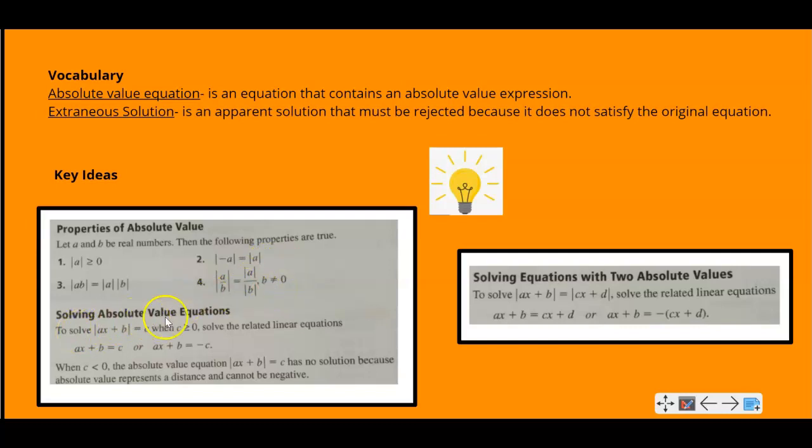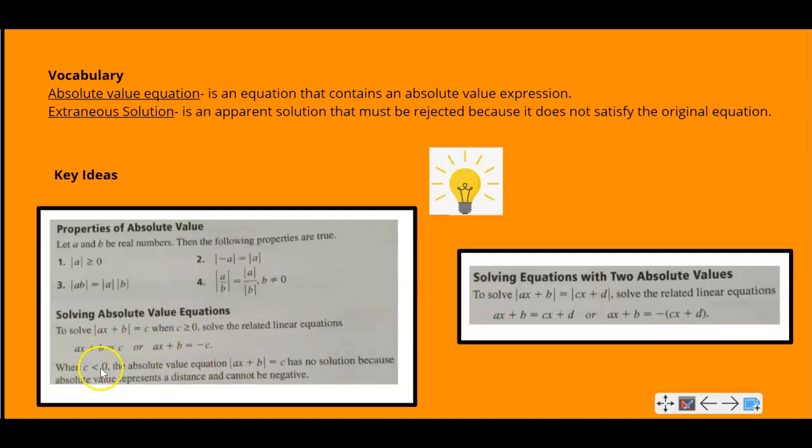All right, so solving absolute value equations. To solve the absolute value of AX plus B equals C, when C is greater than or equal to 0, so when this is isolated and it's equal to C, remember this has to be a positive number, you will set this up as AX plus B equals C, or AX plus B equals negative C. So to solve an absolute value equation, you have to set it up into two parts and solve each part, okay?